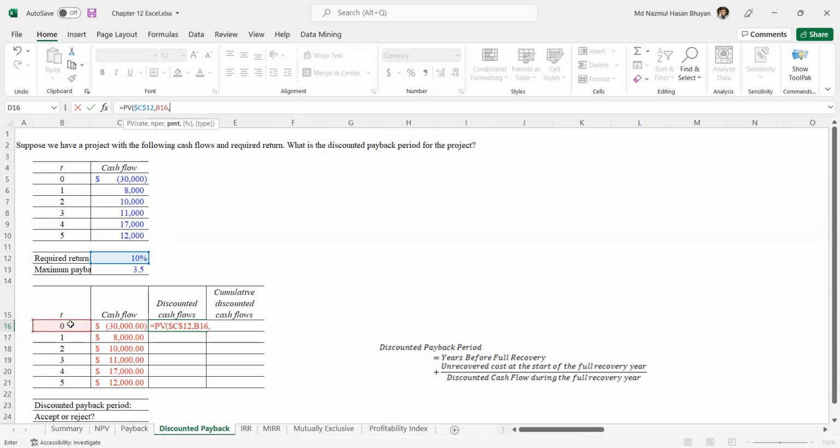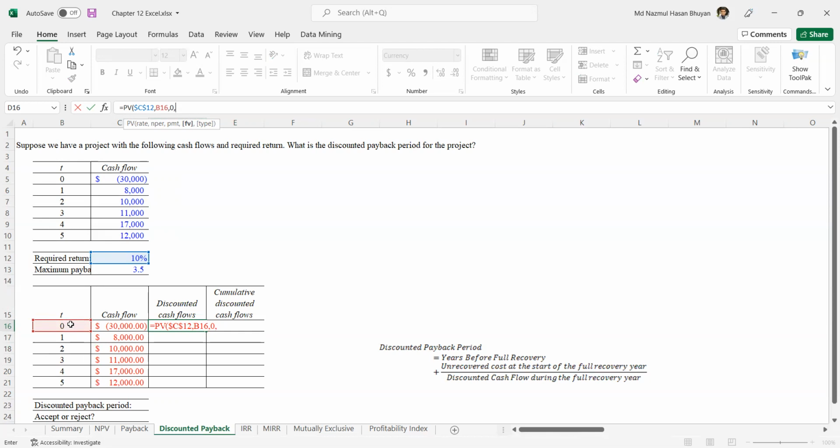Next, your PMT. Here you don't have any PMT. PMT means the periodic payment which recurs at a finite time interval. But here you don't have any such cash flows which are repetitive and at the same time equal over the life of the project. So your PMT here is 0.